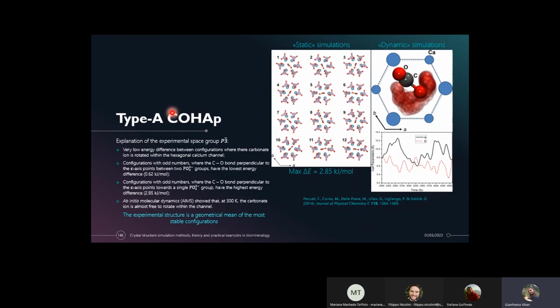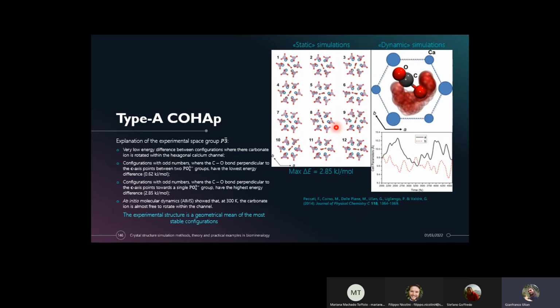Disorder in the structure. This carbonate ion is able to rotate within the channel with almost no energy barrier, so it is able to rotate inside this channel. We studied this by static simulations and dynamic simulations, how the carbonate ion orients itself in the structure.